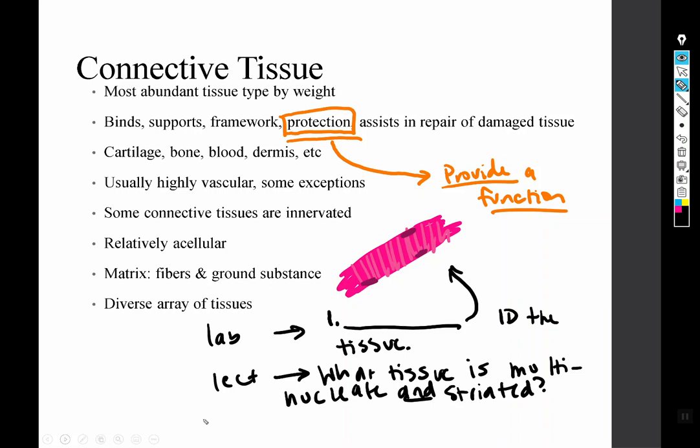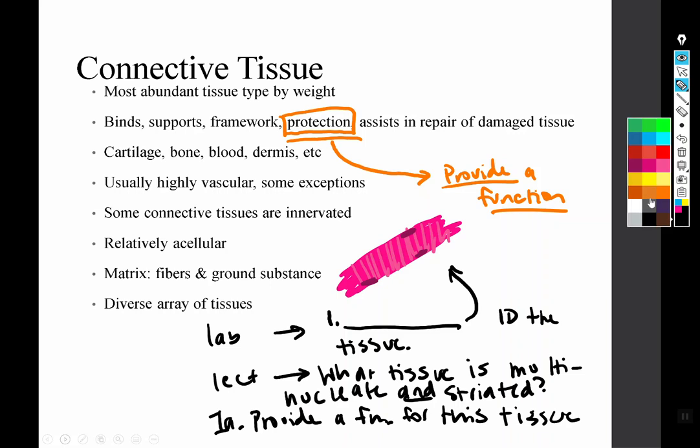But if the second part of that question, let's say it's 1A, is okay, so you've said skeletal muscle successfully, and then I say provide a function for this tissue, oodles and oodles of students will just write protection, which I abbreviated here to be protect, just because I ran out of room.